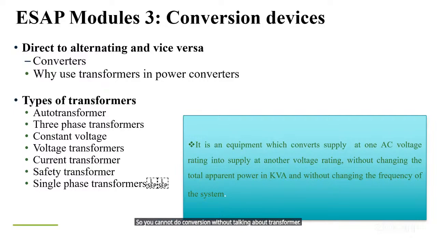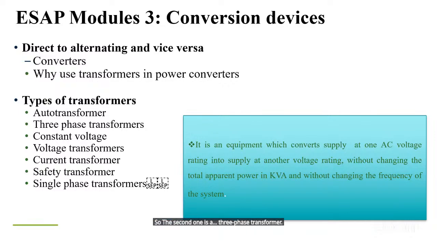So let me see how many types of transformer we have. The first one is an auto transformer. The second one is a three-phase transformer.